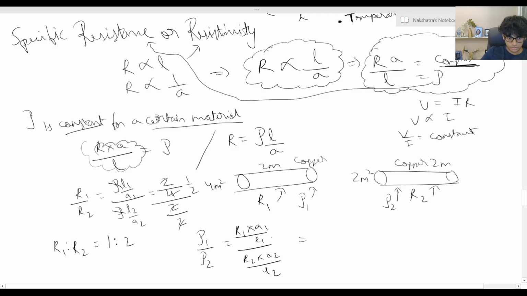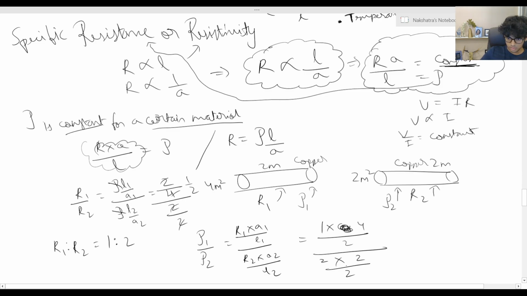Now we know R1 upon R2 is equal to 1 upon 2, so 1 into A1, which is 4, upon 2 into A2, which is 2, upon L2, which is 2.